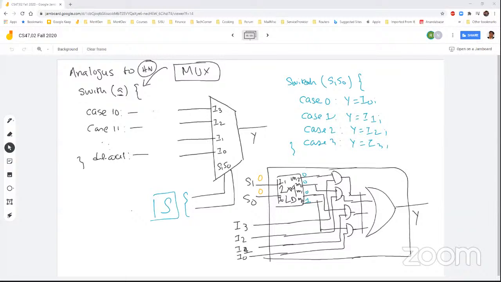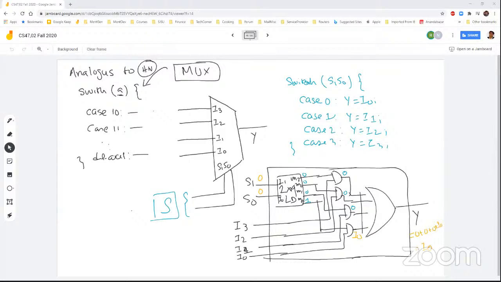That means the outputs of the ANDs will be 0 except for the last one, which is connected with M0 itself, and its output will be whatever I0 is. It can be 0 or 1. That means Y in this case will become 0 or 0 or 0 or I0. So in fact, this is I0.